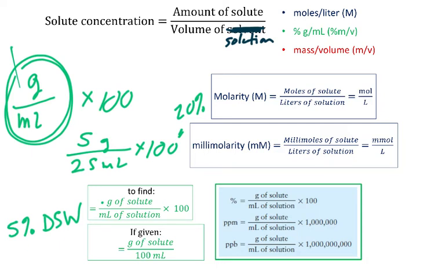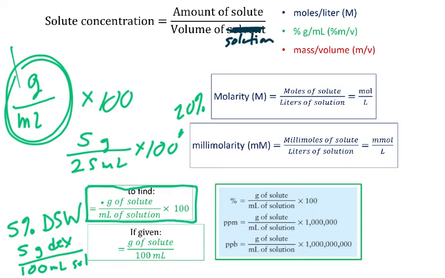What that means is that you have 5 grams of dextrose in 100 milliliters of solution. Okay. So you have to be careful where you put the 100. If you're trying to find the percentage, you take grams divided by milliliters times 100. If you're given the percentage, that is equal to grams per 100. Okay, and percent means per 100, right?